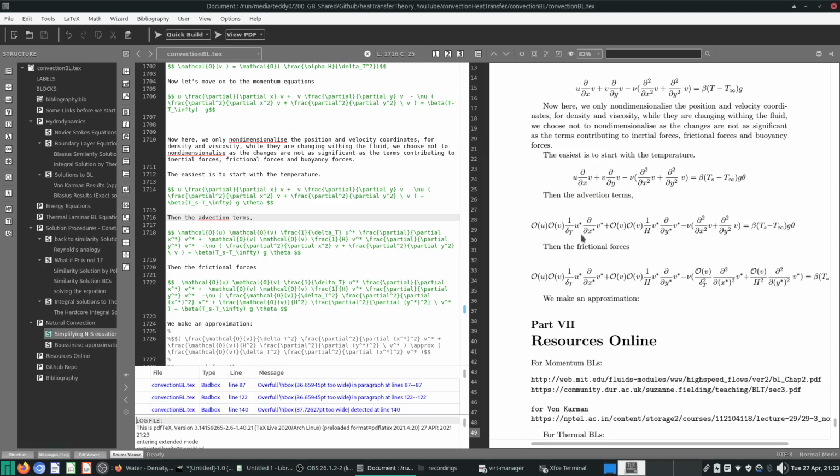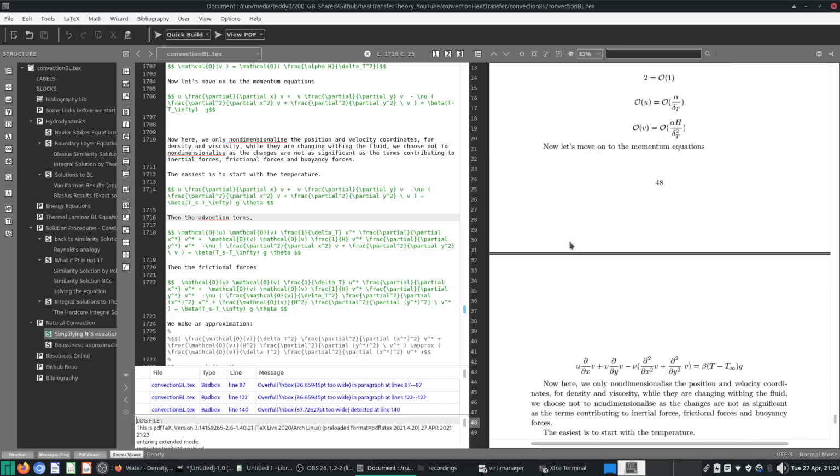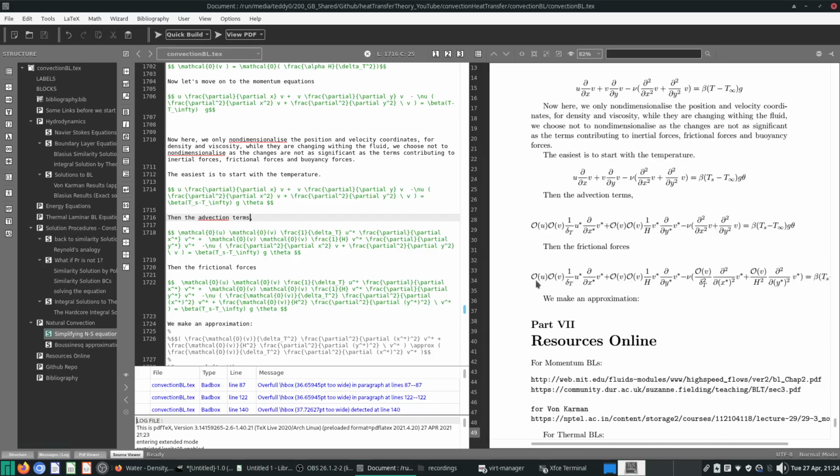You can see I actually non-dimensionalized u and v using this order of magnitude of u and order of magnitude of v. I have not replaced it with these yet, so that part comes later. So these are the advection terms. Then I'll do the same for the frictional forces terms, the viscous forces.